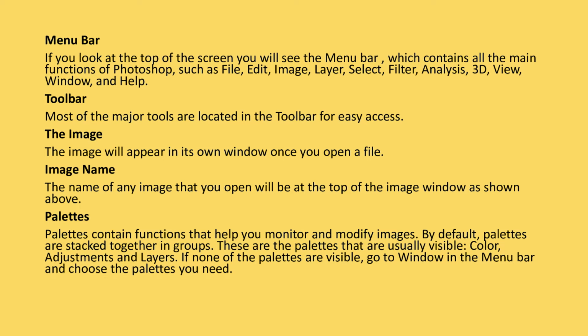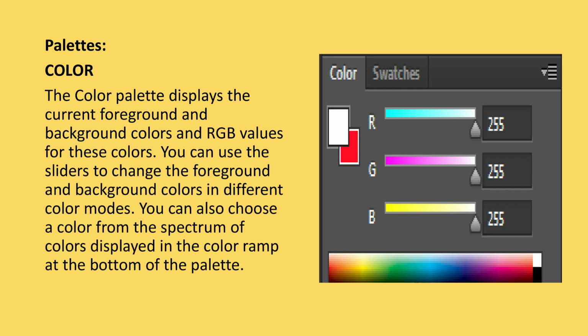By default, palettes are stacked together in groups. These are the palettes that are usually visible: color, adjustments, and layers. If none of the palettes are visible, go to the window in the menu bar and choose the palettes you need.